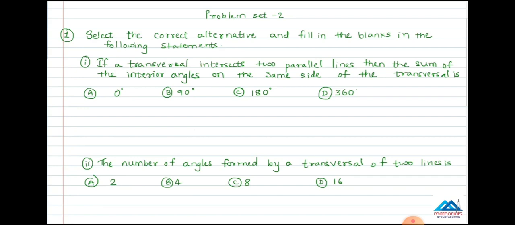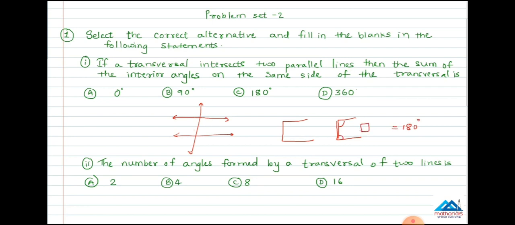Suppose, students, we have two parallel lines and one transversal. This transversal intersects the two parallel lines. Interior angles form a C shape. This and this, so we have two angles, this one and this one.